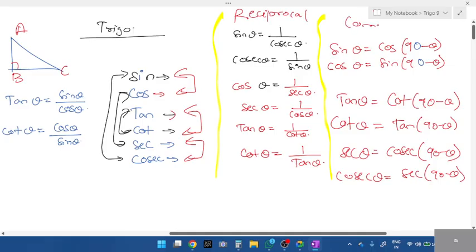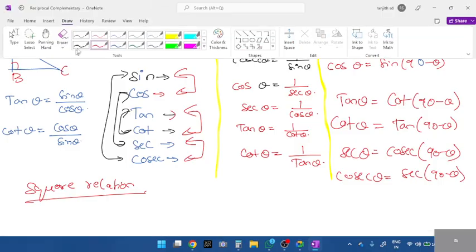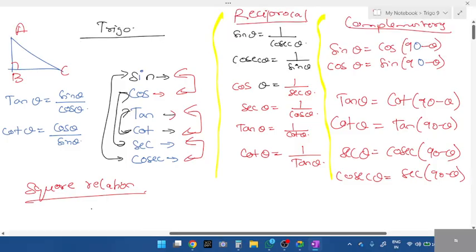This is complementary. Then we have the square relation. Now, the square relation is where you take any two values and square them.